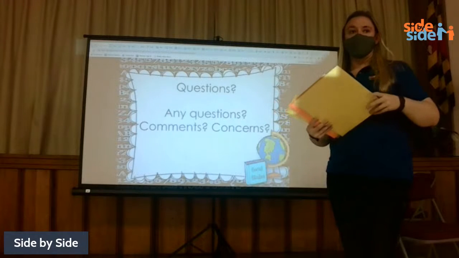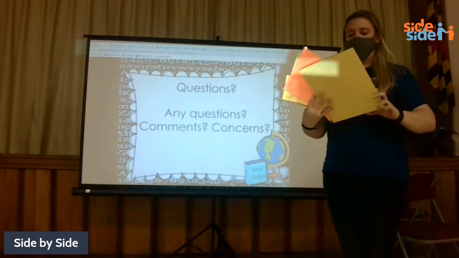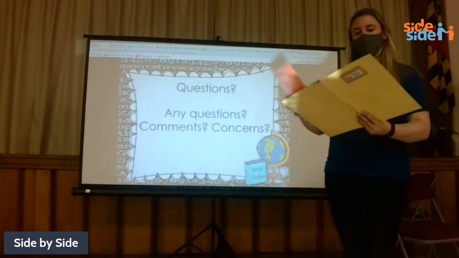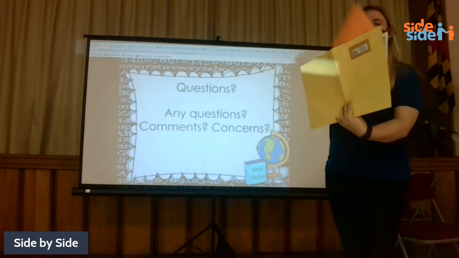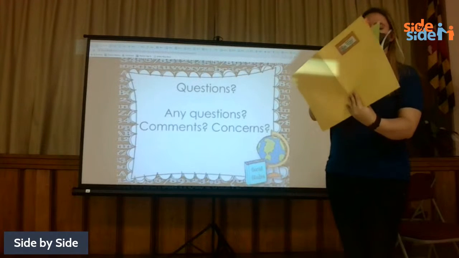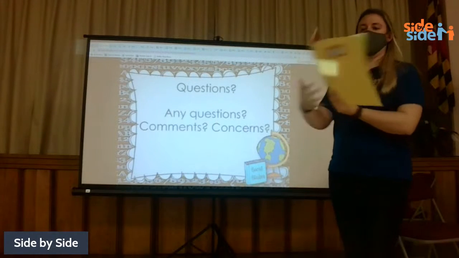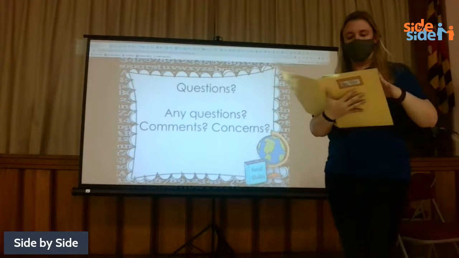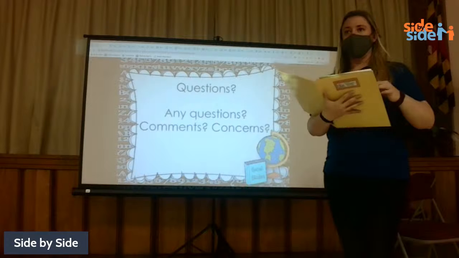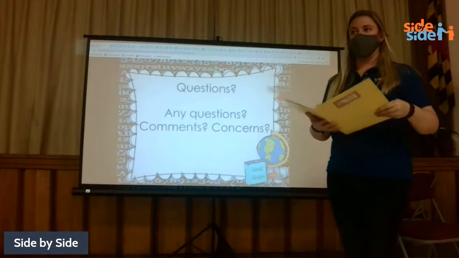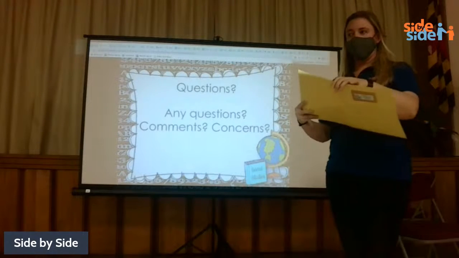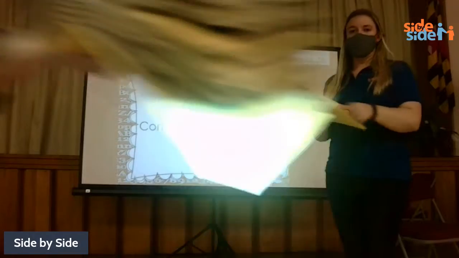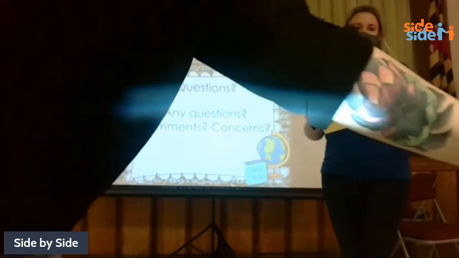So if you want to move to a table to make it easier to cut, or if you want to stay where you are, it's totally up to you. I believe all the materials you need are in the little pouch. And then Danielle also has some reading material for us. There's 4 titles in each segment.